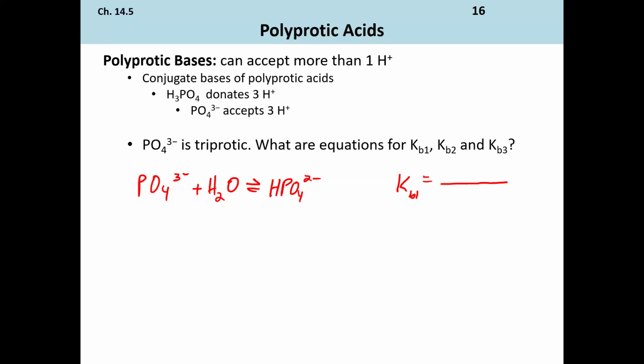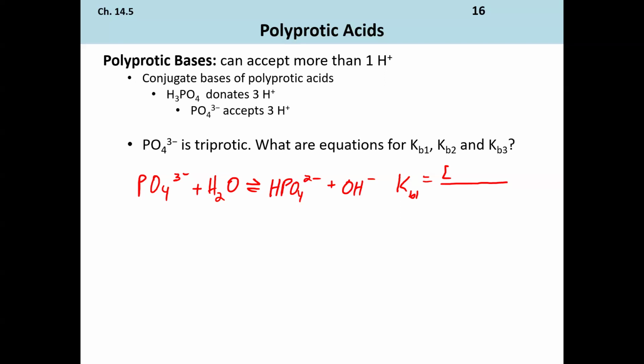And what's left behind? Well, if the water loses an H plus, I'm left with OH minus. And so we call this KB1 because it's the first addition of an H plus.